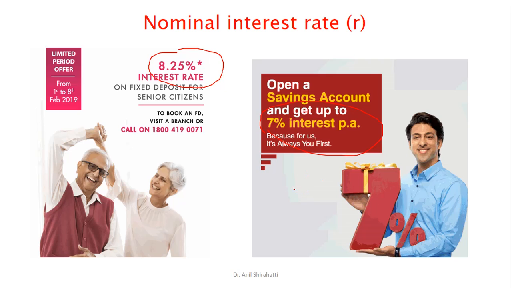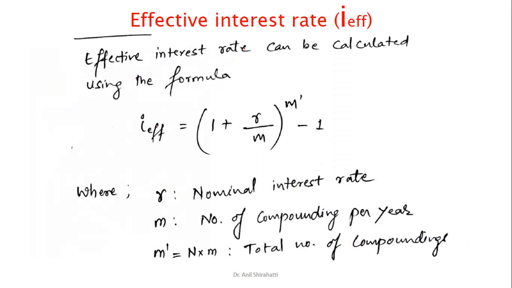In this case also he is saying 8.25 per annum. But if this person says 8.25% and puts a star and says it is compounded every month, definitely the effective interest rate will be more than in the first case. How this happens, let's understand in the coming slides.